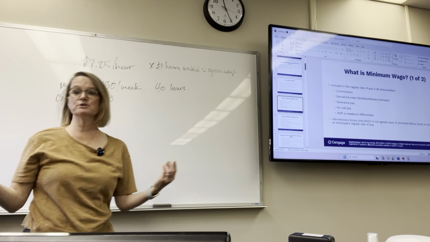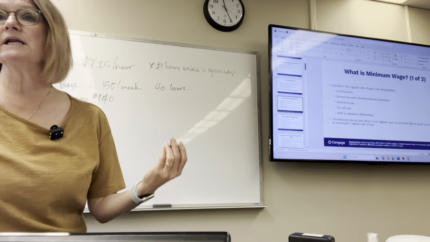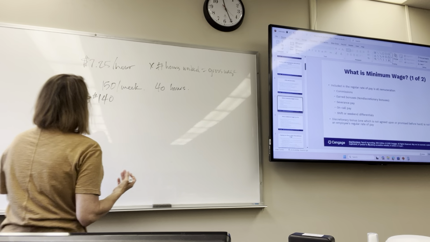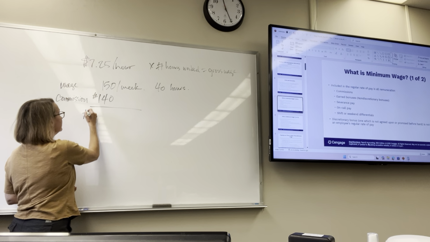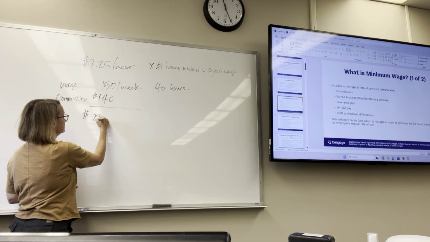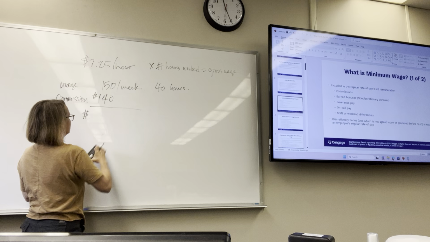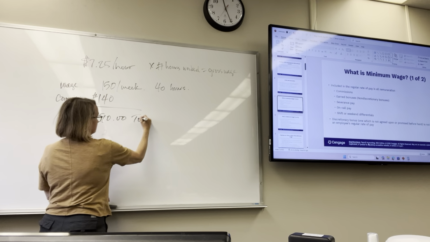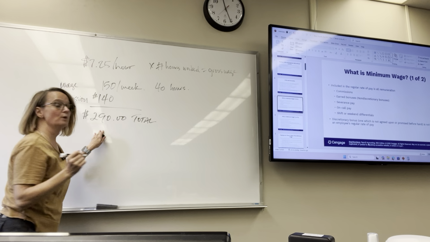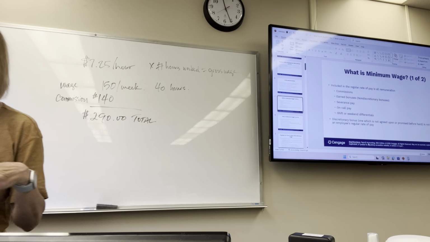If we had a 10% commission, they sold $1,400 worth of whatever it is that they sell. So together, their total wage for the week is $290 for the week.